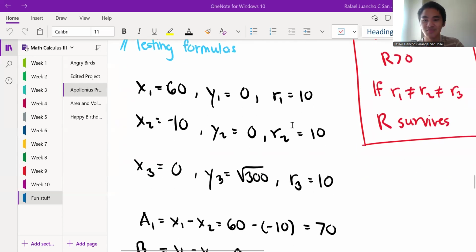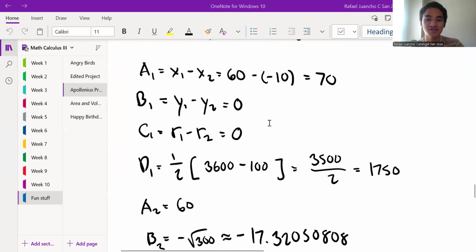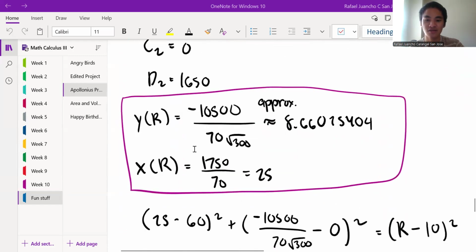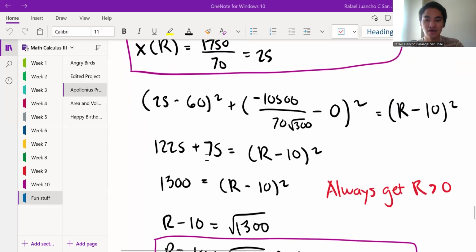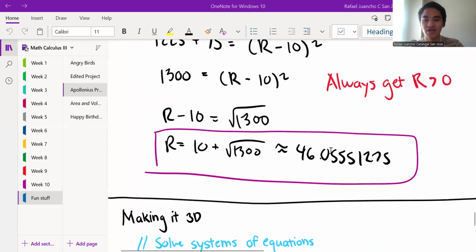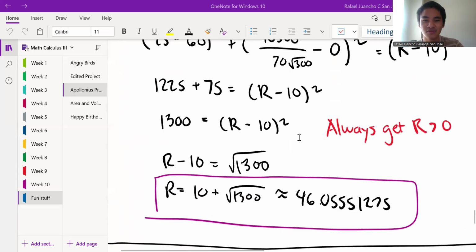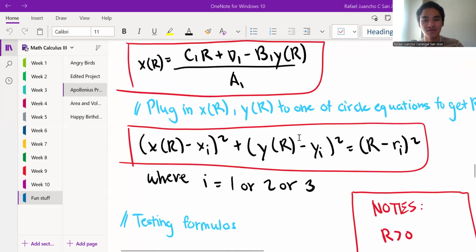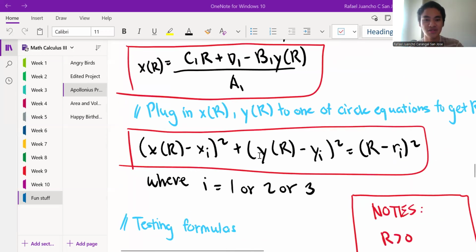But in other cases, my R disappears, so it makes it easier to find some formulas here. And yeah, we were able to get these for my X and Y. And there we go. We have our R value. So this is one of the test cases I did. But overall, it's a really long formula.